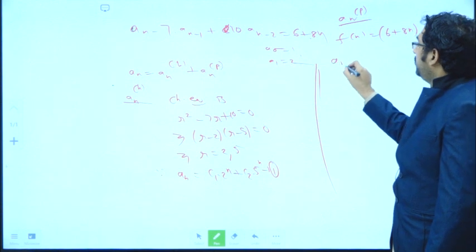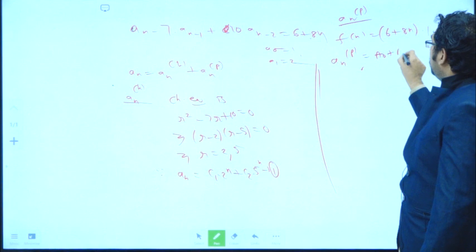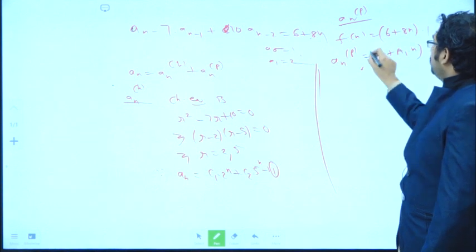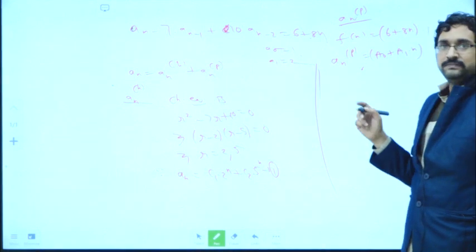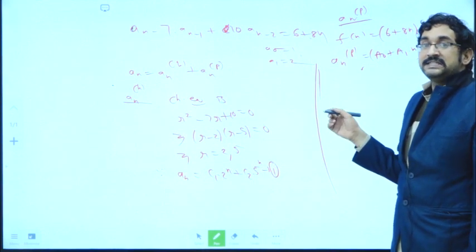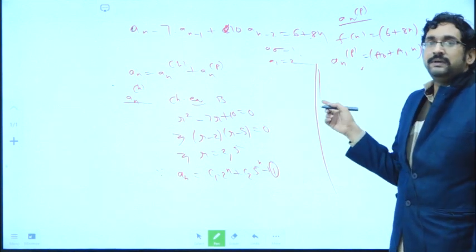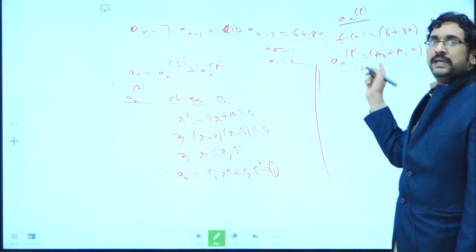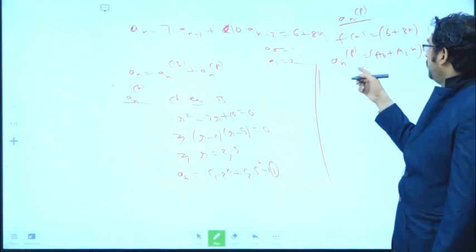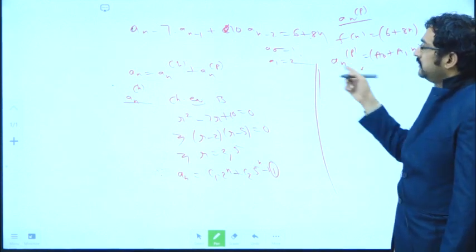So the particular solution will be a n power p equals a0 plus a1 into n. Here we are applying formula 1: if f of n is a polynomial of degree q, and if 1 is not a characteristic root, then the particular solution is a0 plus a1 n and so on. Here we are applying that formula, a n power p equals a0 plus a1 into n.